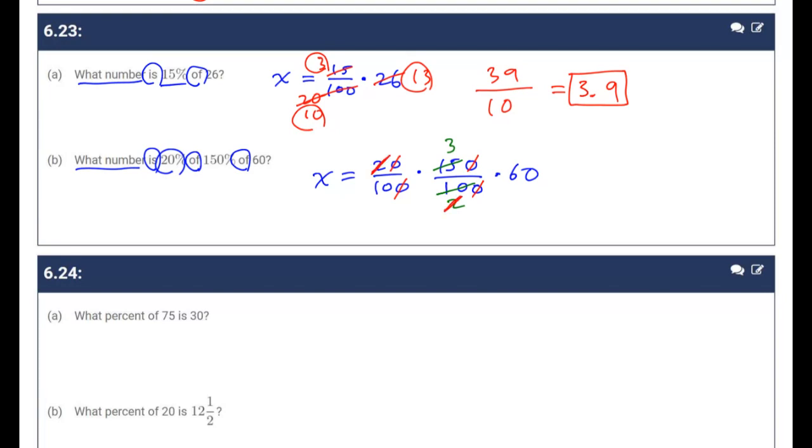And finally, I can reduce this 10 and this 60, and 10 goes in here 6 times, right? Wow, it's kind of messy, but you see that all numbers are gone except 3 and 6, which multiply to be 18. That's the answer.